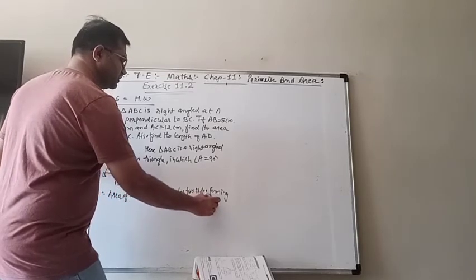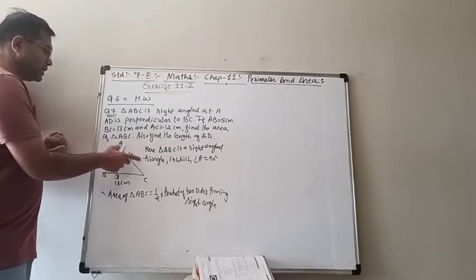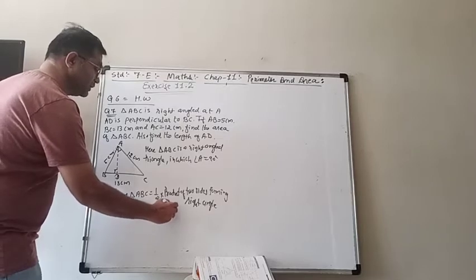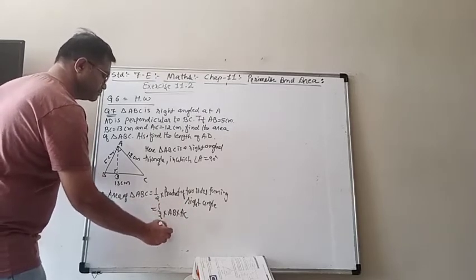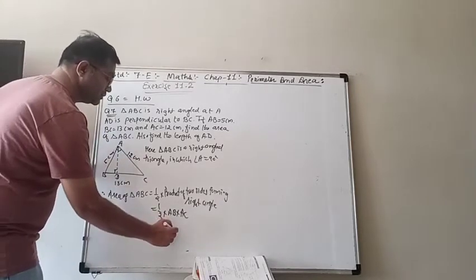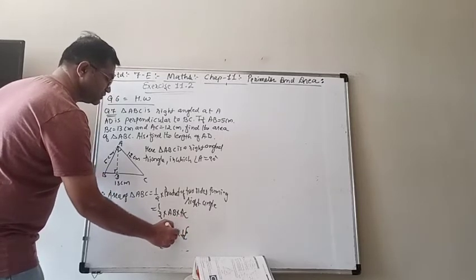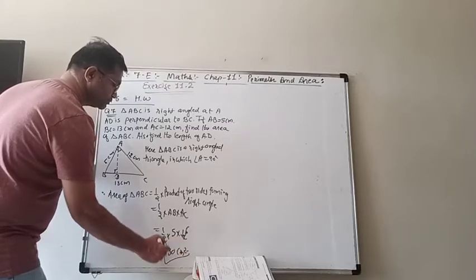So here you can see that angle A is right angle. So with two sides are making it AB and AC. So that is equal to 1 by 2 multiplied by AB multiplied by AC. What is AB here? 5 and AC is 12. So 5 multiplied by 12. So 5 6 are 30 centimeter square.